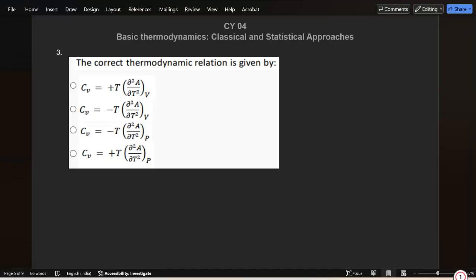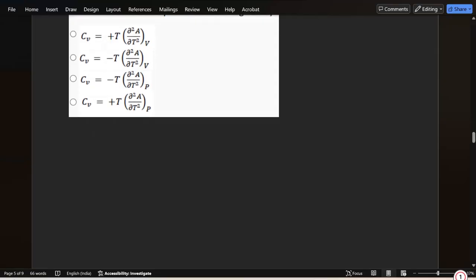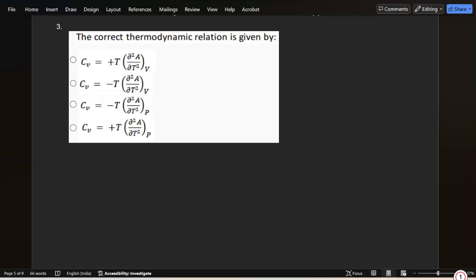Now let's go to the third question. This one is a little bit easy. Do you remember the formula for CV? That's T del S by del T at constant volume, right?